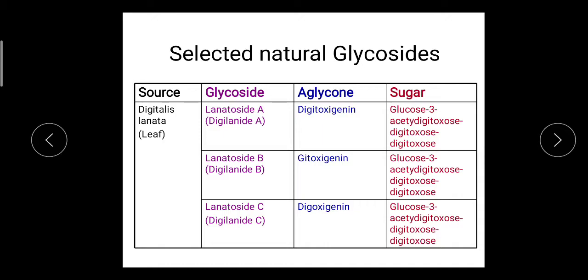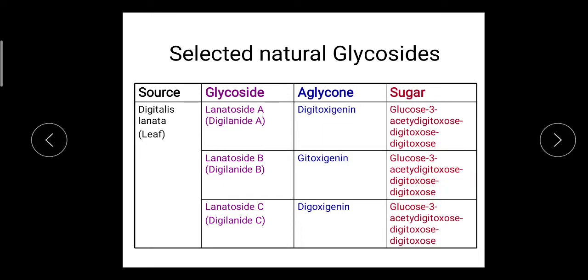So lanatoside A consists of the aglycone part digitoxigenin, and the sugar moiety is glucose, 3-acetyl digitoxose, digitoxose. Second is lanatoside B, which has the aglycone part digoxigenin, and the sugar is the same: glucose, 3-acetyl digitoxose and digitoxose.